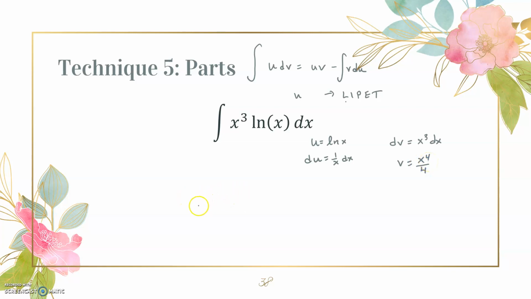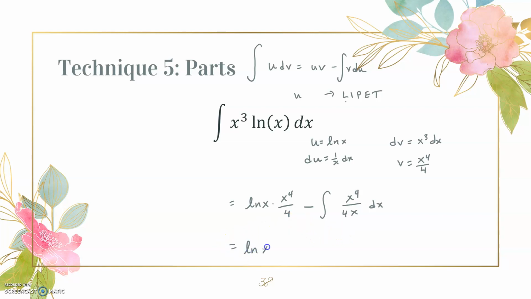Now I set it up and I do uv minus the integral of v du. One of my x's can cancel, and I have something that I can do an antiderivative of.